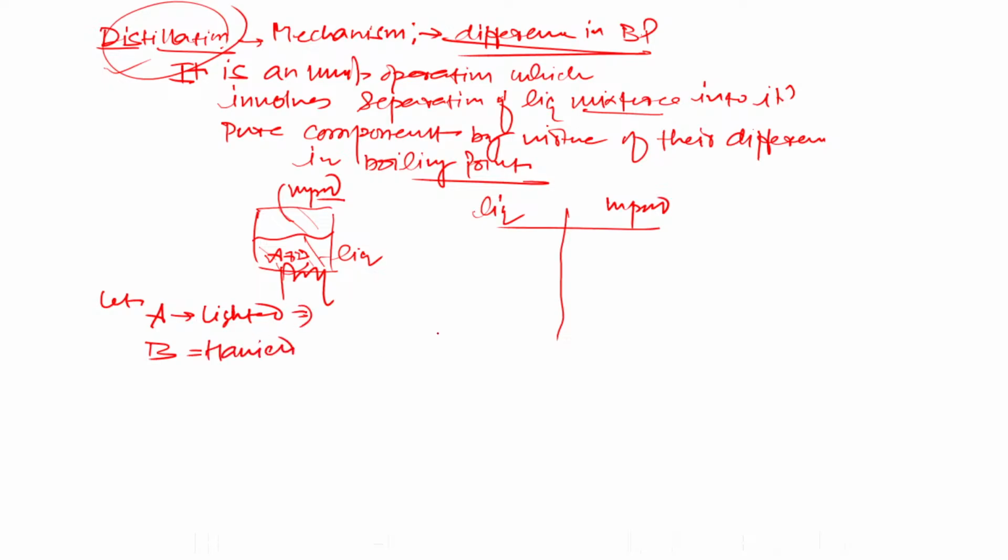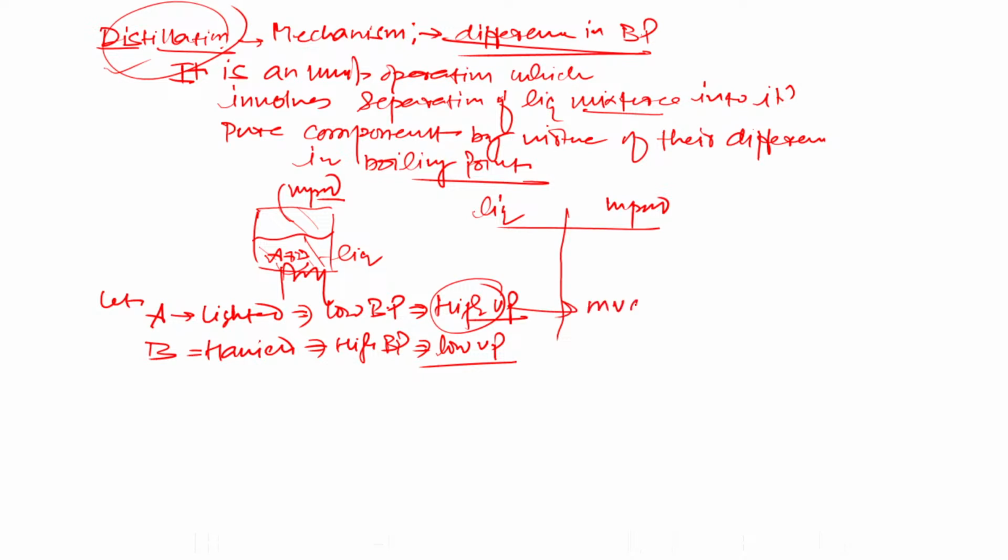Lighter component means low boiling point, which implies high vapor pressure. Heavier component means high boiling point, which means low vapor pressure. Is this clear? The lighter component is also called the more volatile component because its vapor pressure is high, and the heavier component is called the less volatile component.